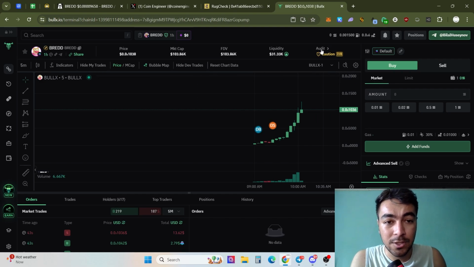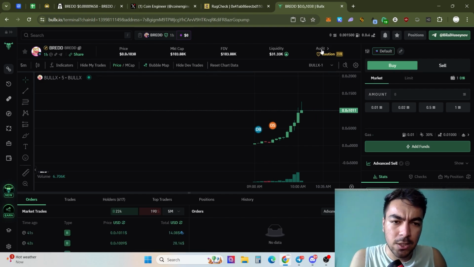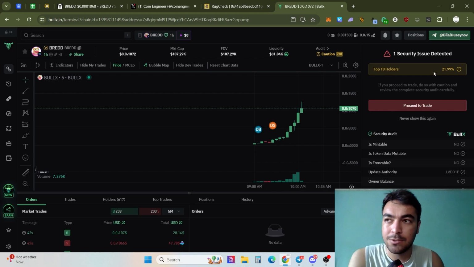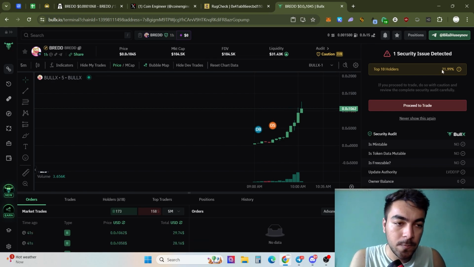And then first of all, you need to take a look at the audit side and the caution. There's a caution, 7/8. Why is there a caution? Top 10 holders have a higher percentage than normal. For example, the top 10 holders should hold a maximum of 10%, but here we are seeing 22%.